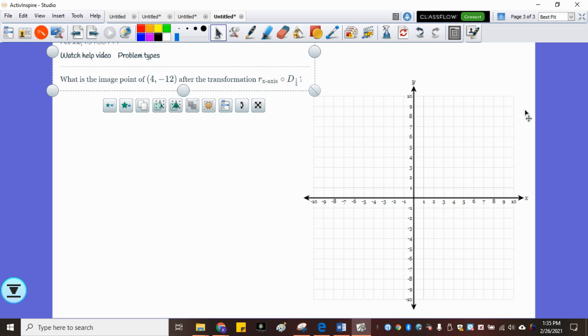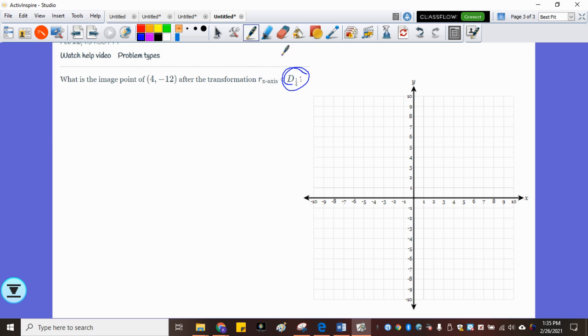You start on the far right. So we're going to dilate by 1/4. So that's going to be a reduction of 1/4. So I'm going to multiply these by 1/4.